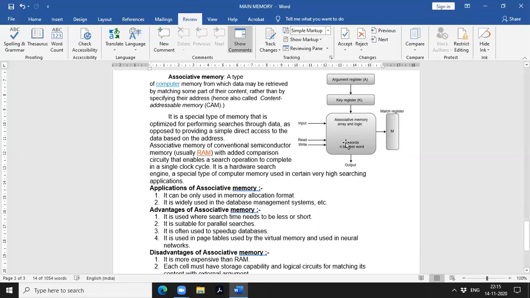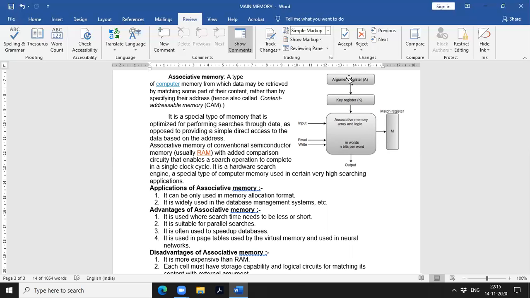So here we are defining the argument register. Here we are defining the content of the data. For example, I'm going to store data with the help of a name, not the exact address. If you take primary memory, we are storing the information along with its address.